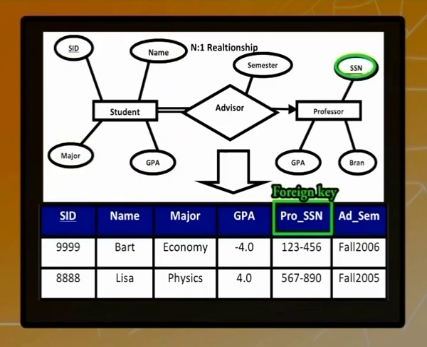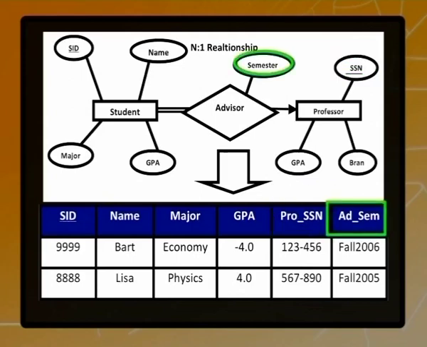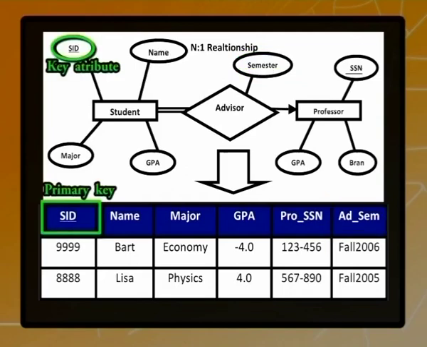The key attribute of the entity type professor is chosen as the foreign key for the relation, and all the attributes of the relationship type advisor are also included in the relation, and the primary key of the relation is the key attribute of the entity type student.